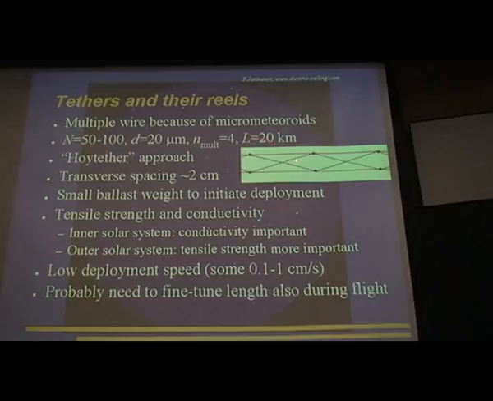The idea is that if and when micrometeoroids break these individual wires randomly, the probability that this structure is broken as a whole is quite small, because it would require four breakings of these wires near each other at the same time, and one can calculate the probability, and it's very, very low. So the lifetime of this tether is very long in space when using this. The micrometeoroid flux at this scale size is rather well known.